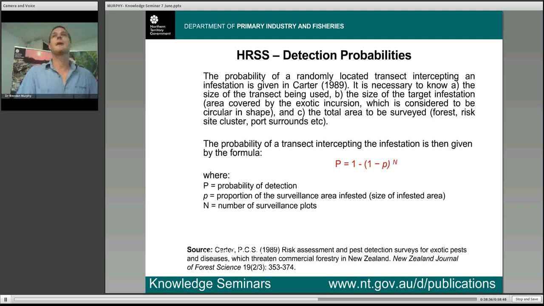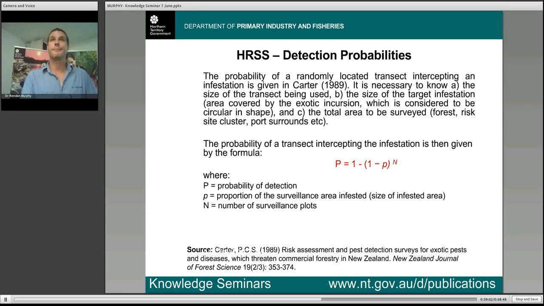Now, how do we calculate detection probabilities in this case? It's just geometry, and it's been known for a long time that if you have a circular infestation in a given area and you randomly apply a line, such as a transect, you can calculate the probability of actually intercepting that incursion. So the more transects you have, the higher your probability goes. So it's been used in New Zealand for a long time in terms of forestry surveys.